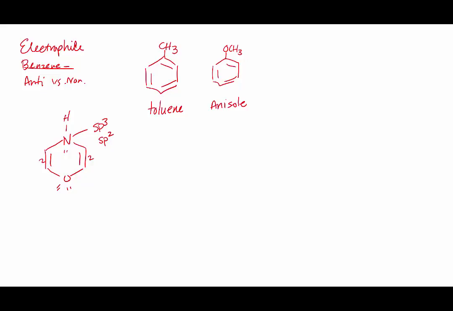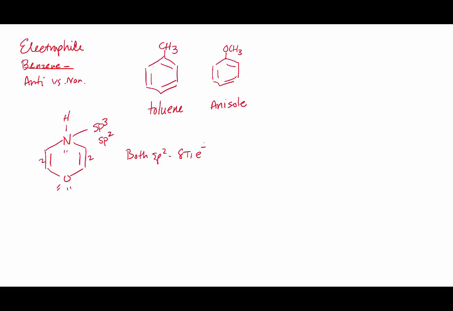So if that's the case, then both being sp2 would give me 8 pi electrons, which would make the system anti-aromatic. Which means the system would be very unstable. It would be the most unstable possibility.